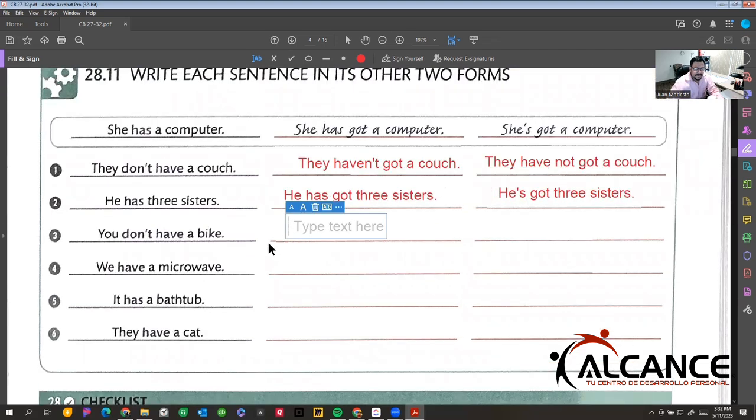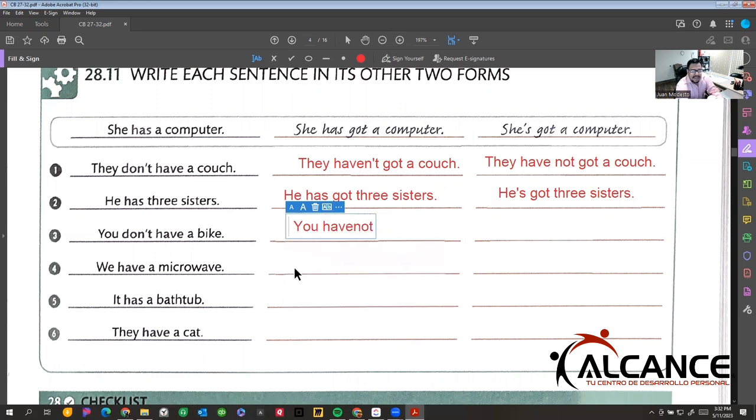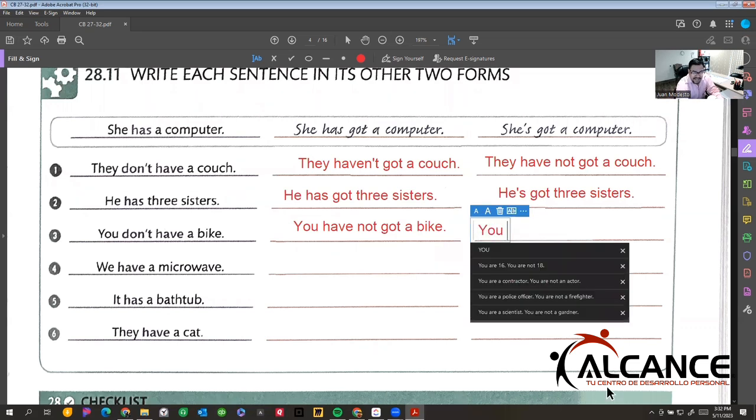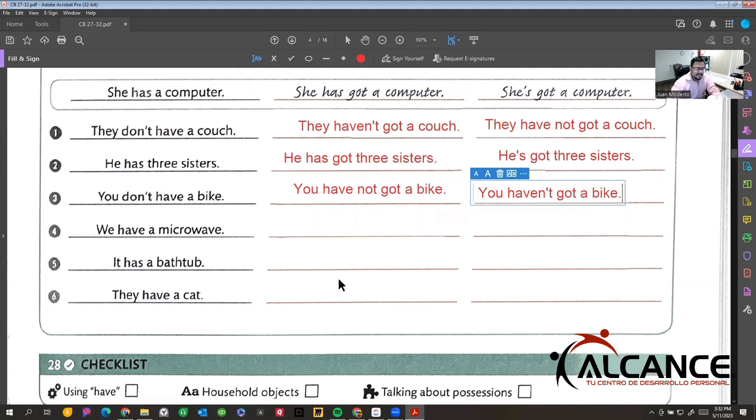On this one, you don't have a bike. You have not got a bike. On this one, we just do the contraction. We haven't got a bike. For this one, we have a microwave.